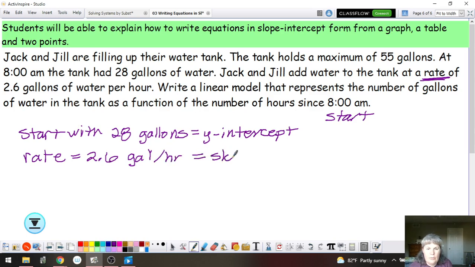That's our slope. Anytime you have rate, that's going to be your slope. So we have y-intercept, we have slope without having to do any calculating. We can write an equation in y equals mx plus b form. So y equals 2.6x plus 28. So we can use information from application problems to help us write equations in slope-intercept form as well.